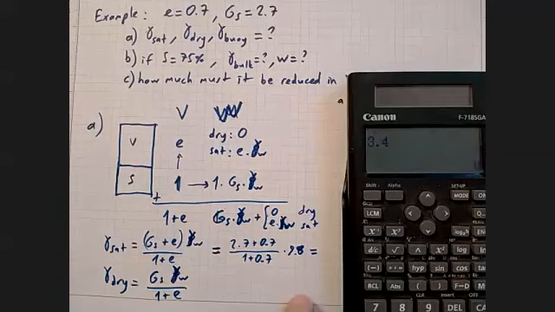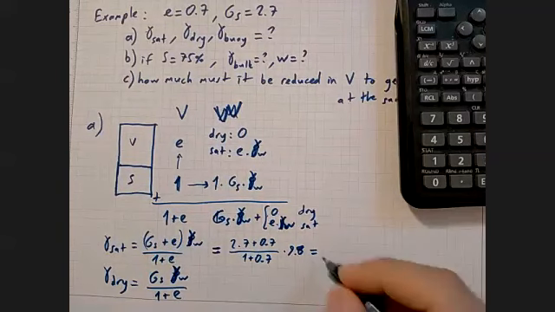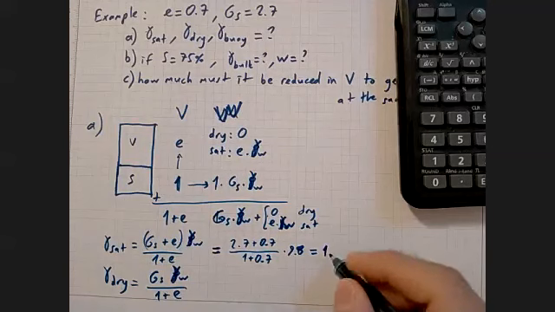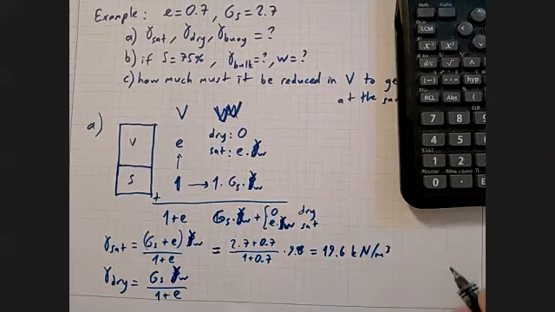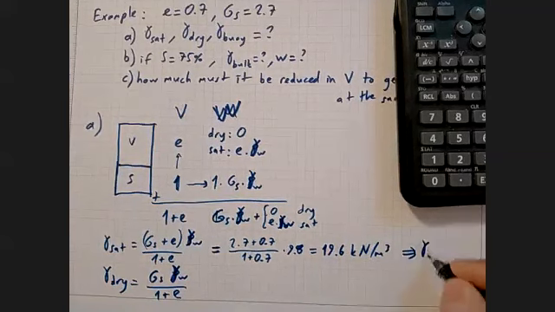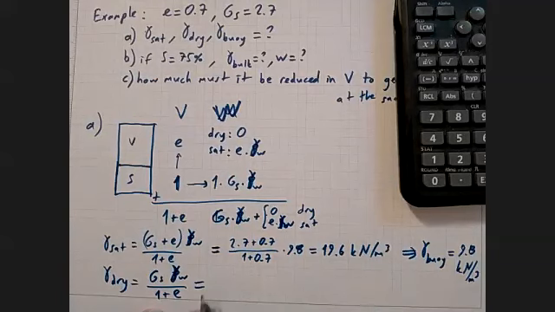Now this side is just 2, so this is 19.6 kilonewtons per meter cube, which means gamma buoyant is 9.8 kilonewtons per meter cube, because this is the difference between saturated and water unit weight.